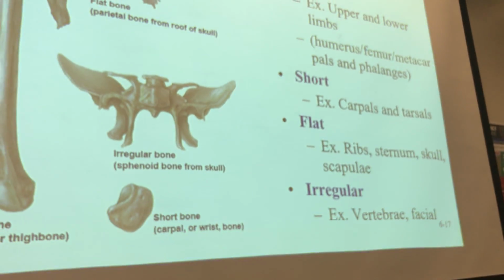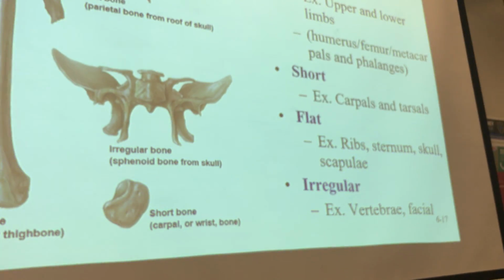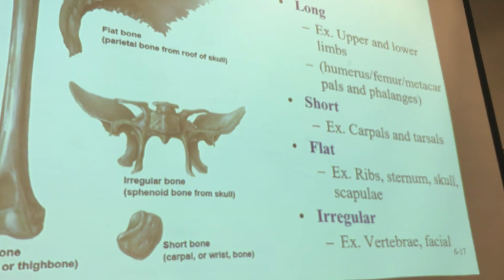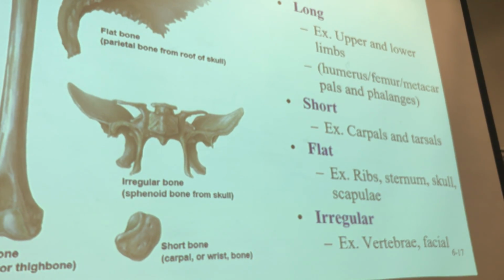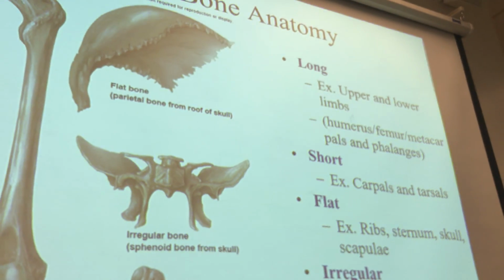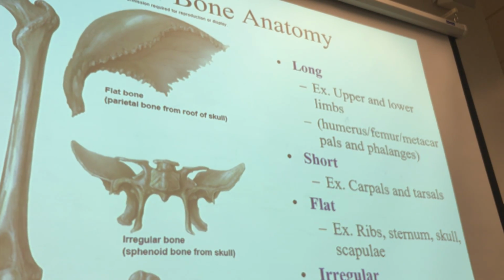And you would imagine a long bone would be super long, right? Your metacarpals and your phalanges are considered long bones. So it's not like when we're talking about long bones that it has to be the femur, the fibula, the radius and ulna. Long bones can also be your metacarpals, your metatarsals. Those are your long bones as well.